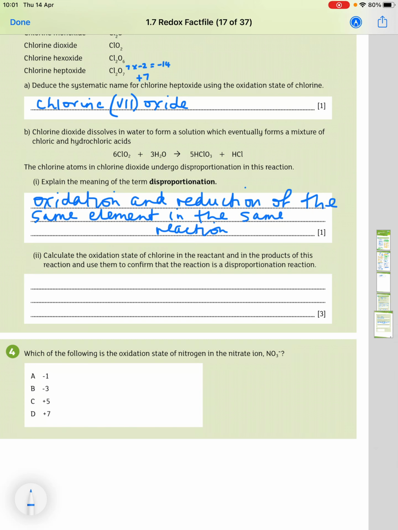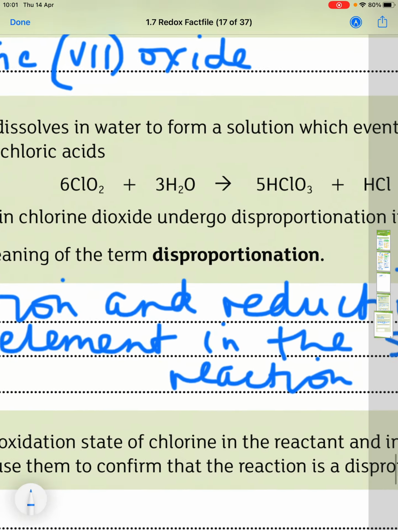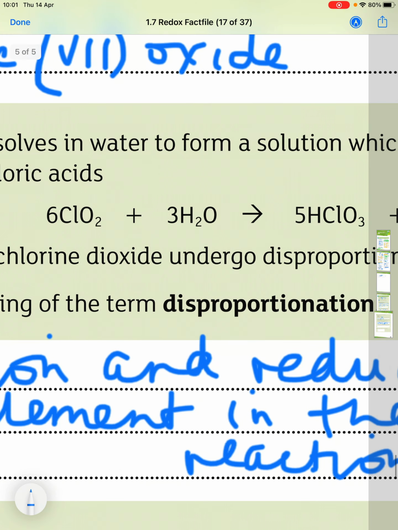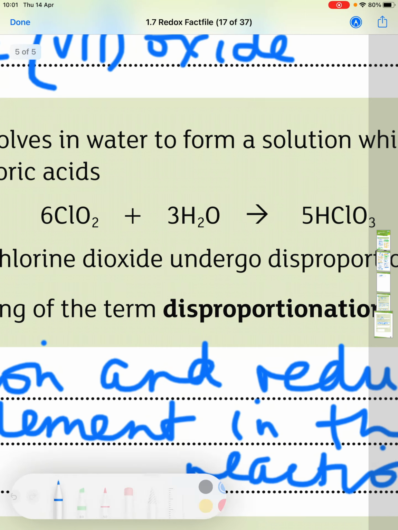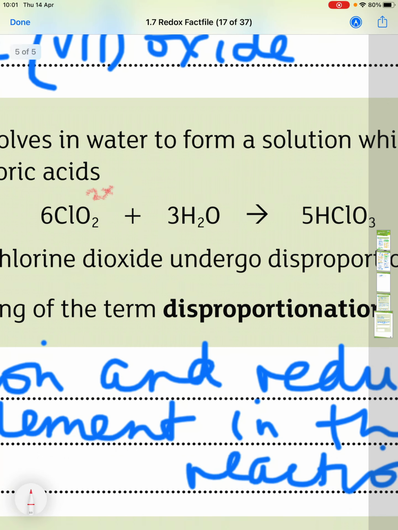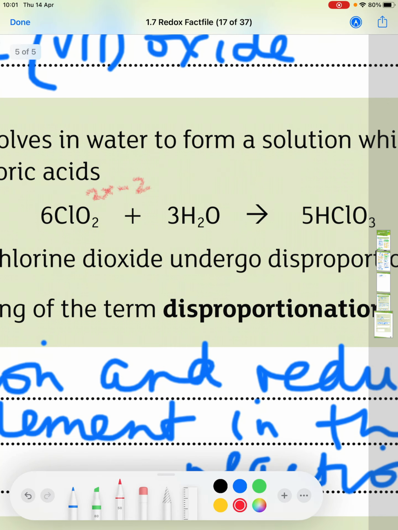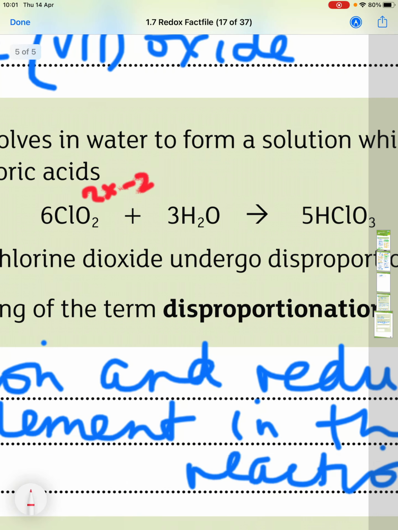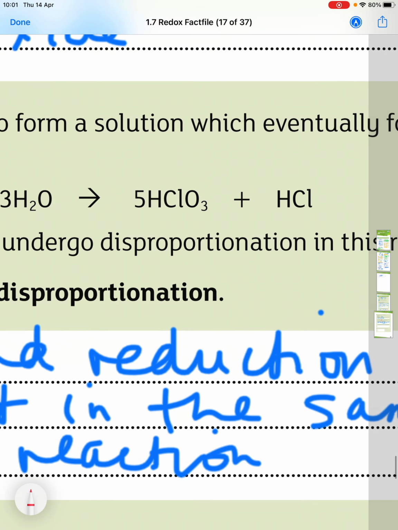Okay, then you're asked to calculate the oxidation state of chlorine in the reactant and in the products of this reaction and use them to confirm that the reaction is a disproportionation reaction. So in the ClO2, each oxygen is -2, so I've got 2 -2s, which is -4, so the chlorine then has to be +4.